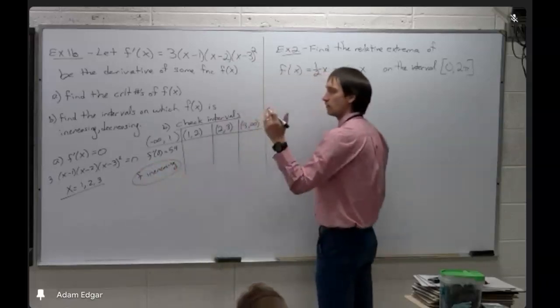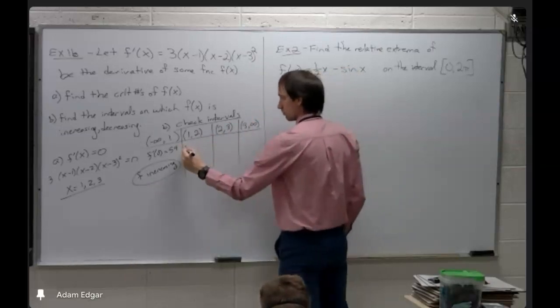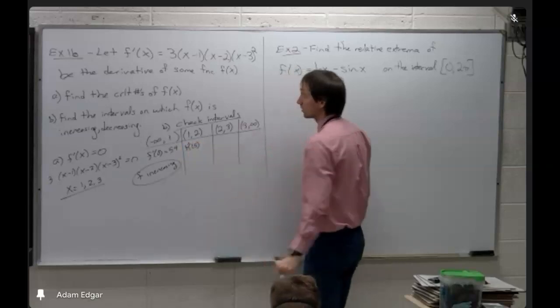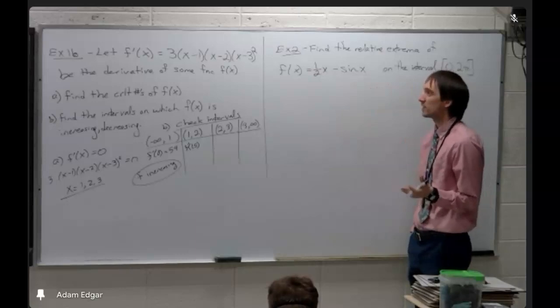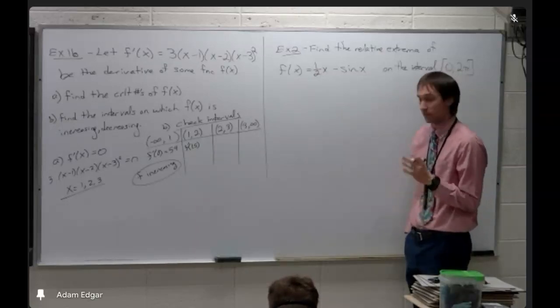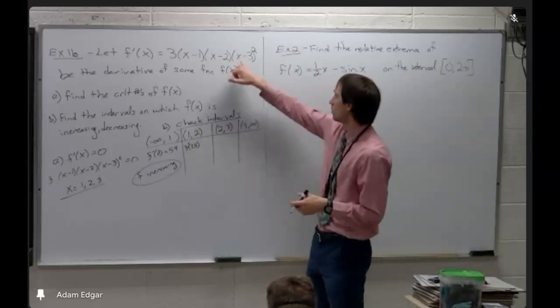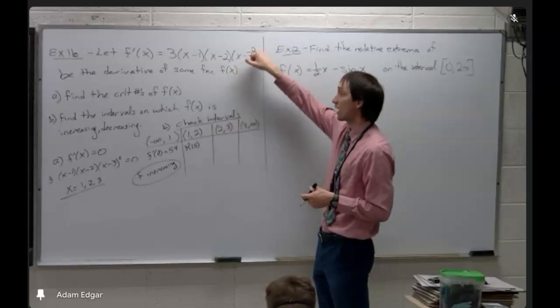Then things get annoying. What should we choose between 1 and 2? 1.5. So plug in 1.5. Well, maybe we can get away without a calculator, if we don't care about the value, we only care about positive or negative. So what's 1.5 minus 3? Negative. But a negative squared is positive.